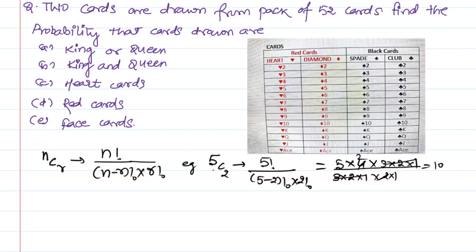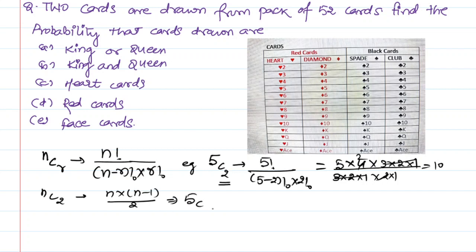But there is a shortcut. Whenever I have this number as 2, this r as 2, so another way of solving is, I'm just giving the formula for nC2. It is nothing but n into (n minus 1) upon 2. Let's verify if I'm getting the same answer or not.